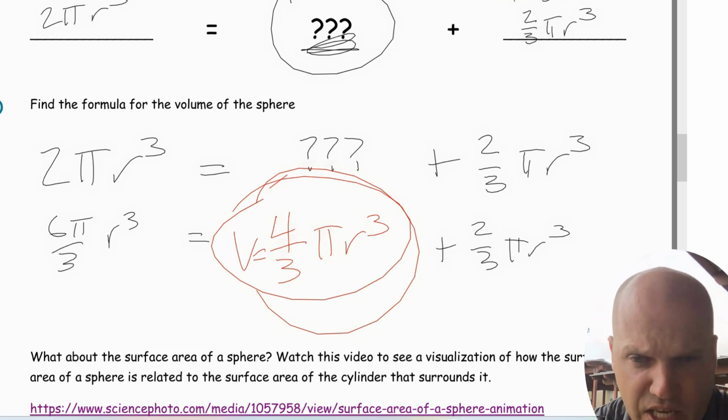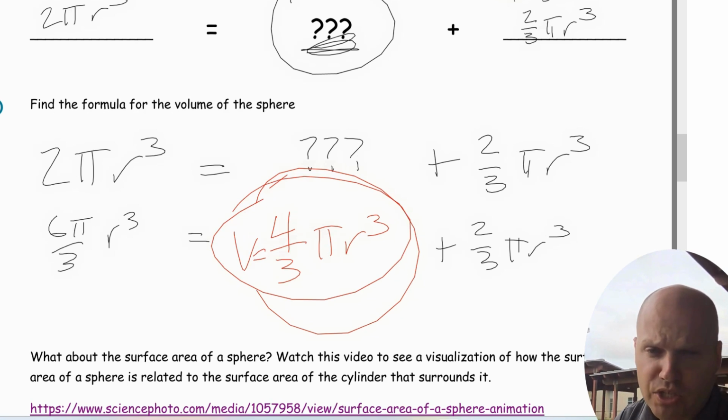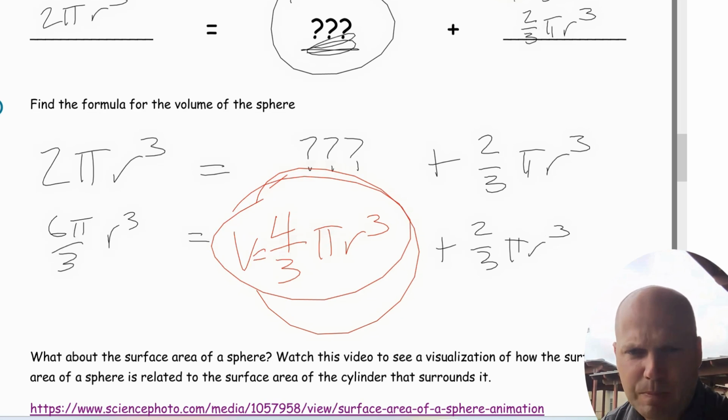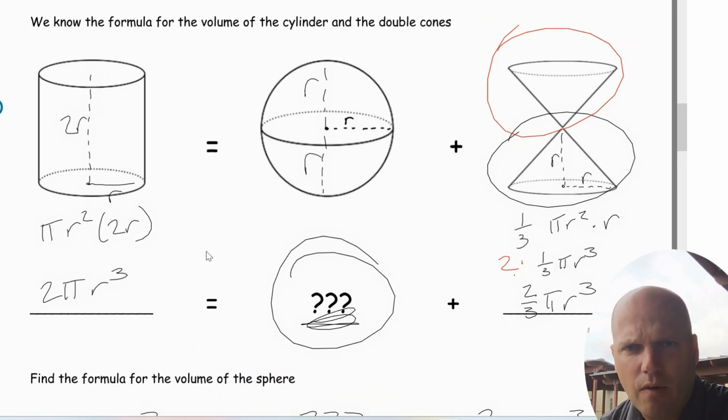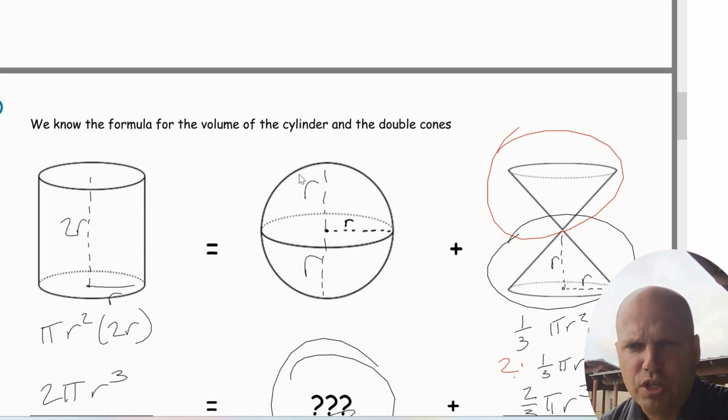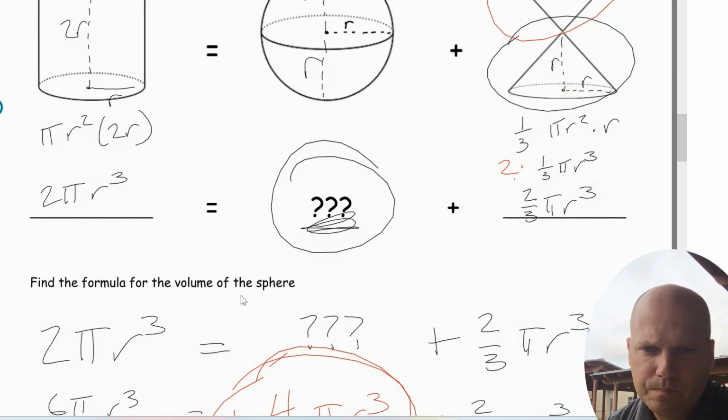Maybe you did some investigations, potentially using sand, potentially using water, but we tried to do this mathematically. And hopefully you appreciate the discovery of the formula using shapes that we are familiar with.